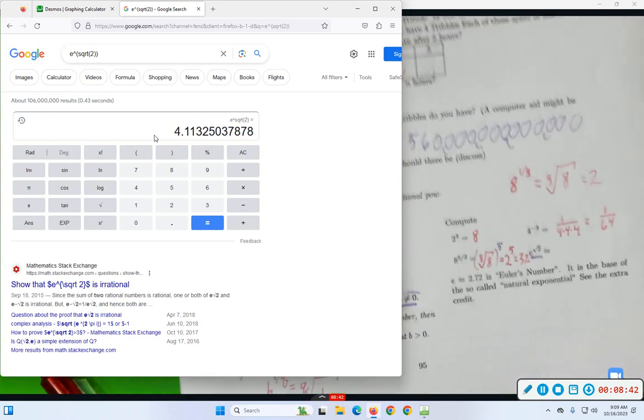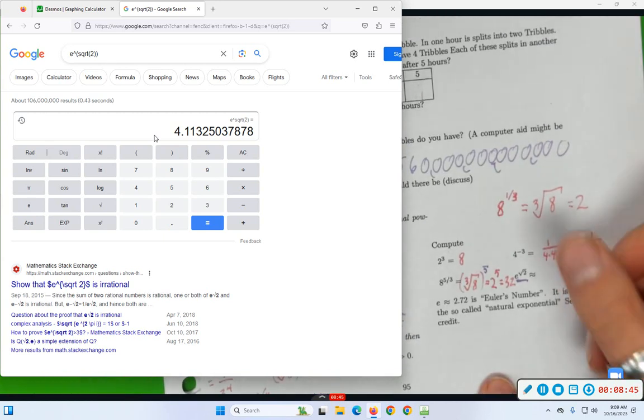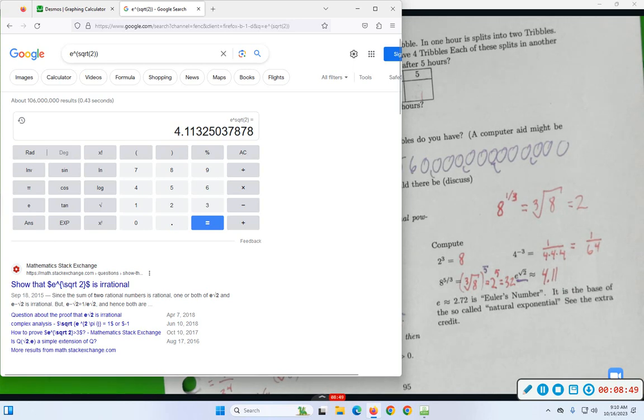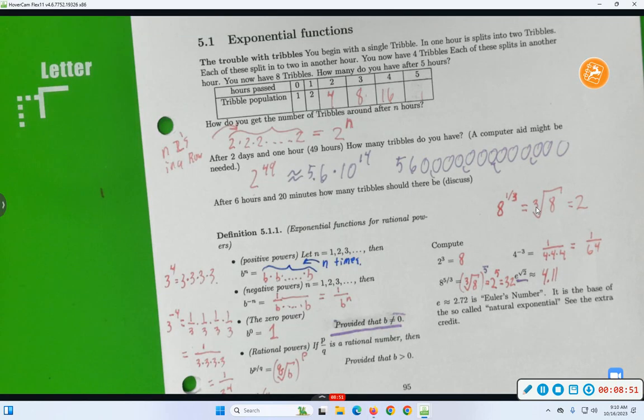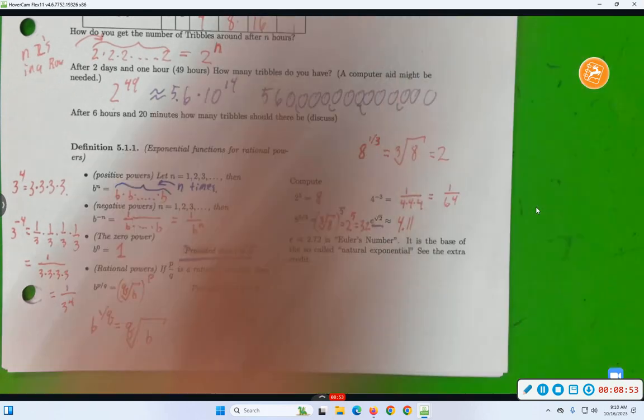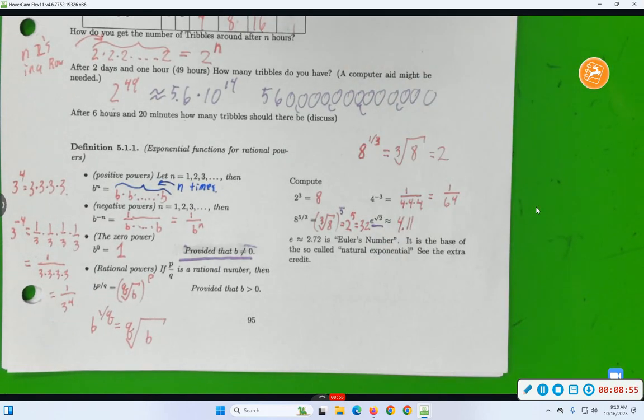And there's an important mathematical note about this number e. That number e is so-called Euler's number. It's the base of what gets called the natural exponential. And there's an exploration of what's so natural about it in the extra credit at the end of the section. The idea is that exponentials are things that grow faster when they're bigger.